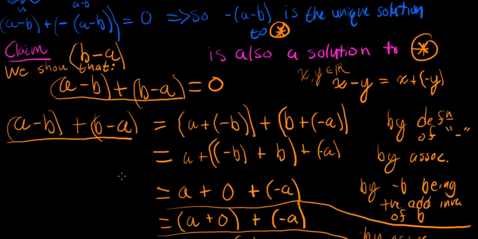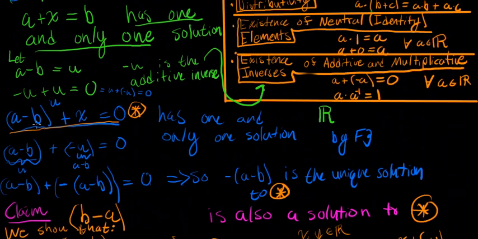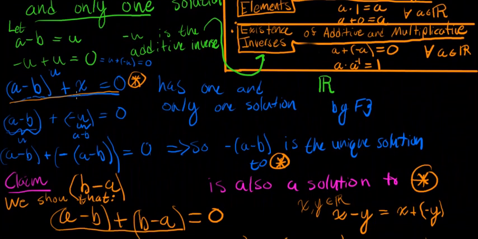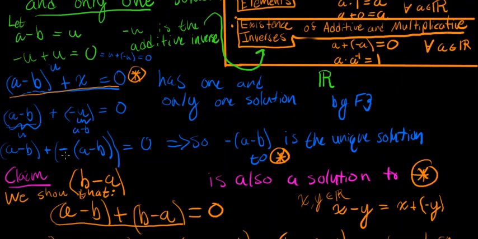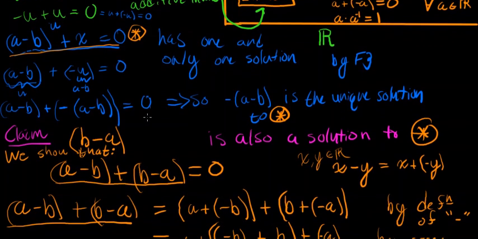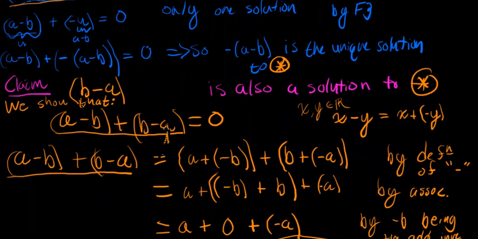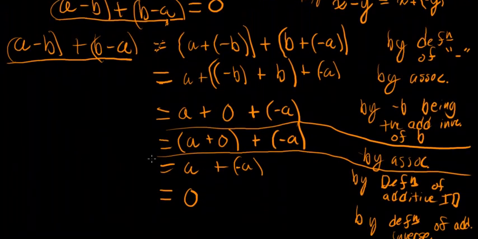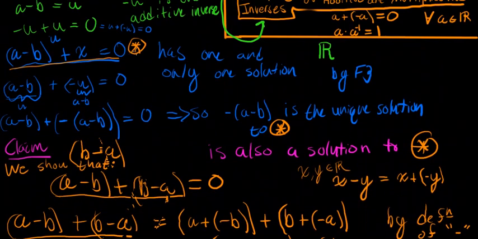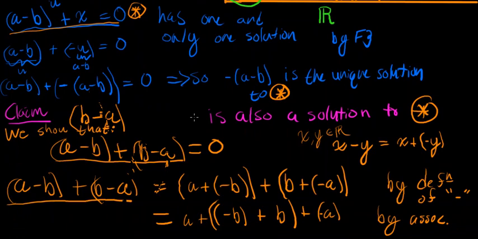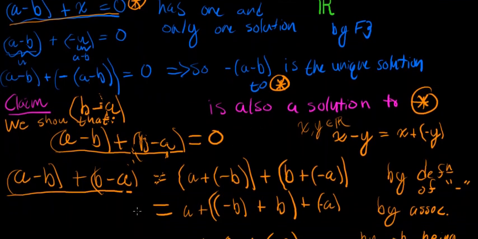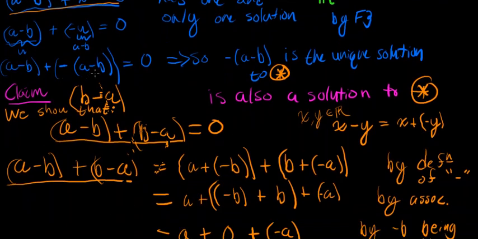We just showed that the equation a minus b plus x has a unique solution, negative a minus b, that is to say, the inverse of a minus b. And since this equation must have one and only one solution, and since we showed that b minus a is also a solution to the equation star, we were able to show that b minus a must equal negative a minus b.